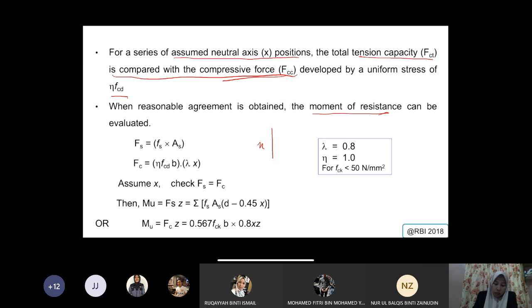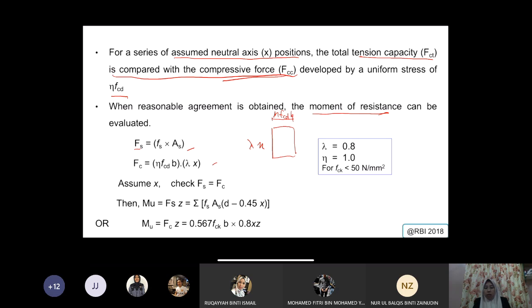Okay, so here this is the force of your steel, Fs, equal to the strength multiplied by the area, and then this is the force for your concrete, which is eta times the strength times b times lambda times x. So you have lambda x, so this is actually your eta fcd b.